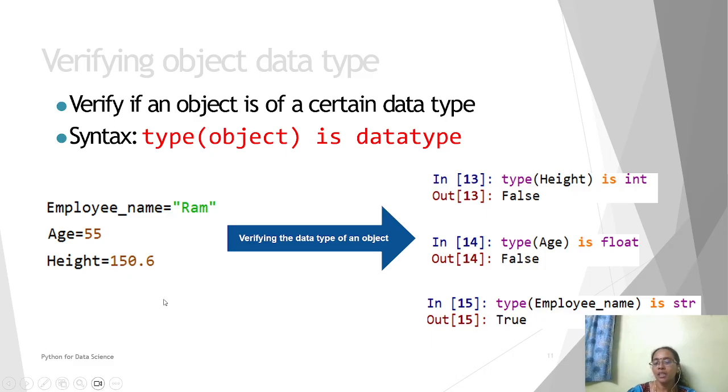The third example, if I am checking str it will give us true. Suppose I check float for age, it is false because it is an int value. So like this we can verify what kind of data type the given variable is.